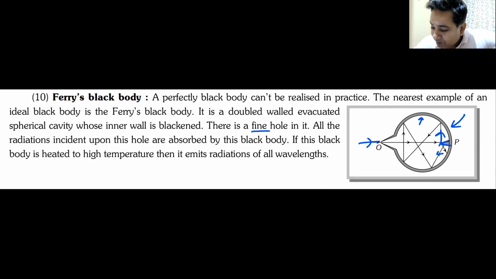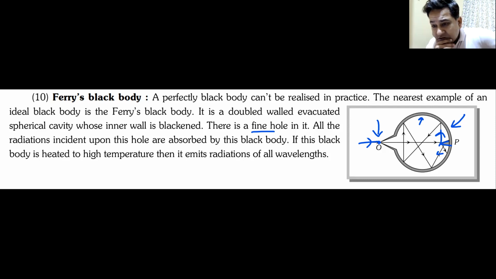It has a very, very small hole. Whatever radiations go inside this body through this hole will never escape out. This is known as a Ferry's black body. Do we understand this? So this is a simple example of a black body.